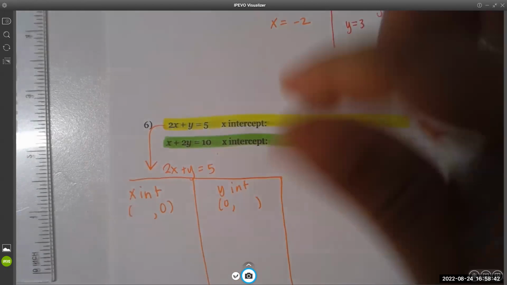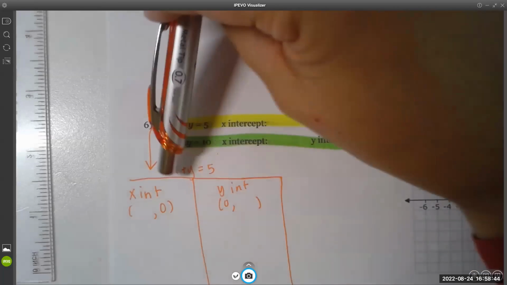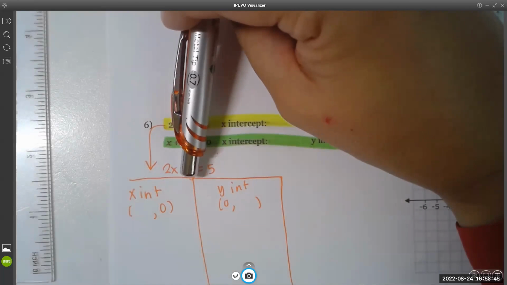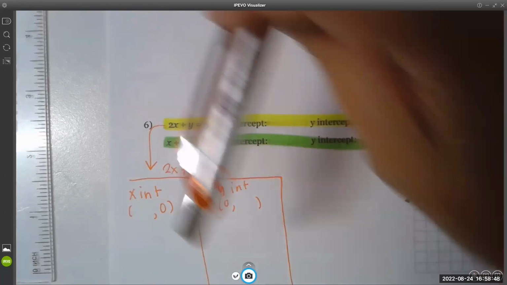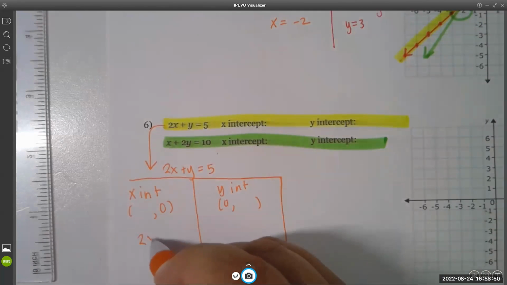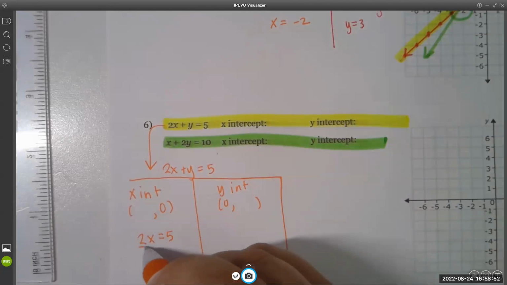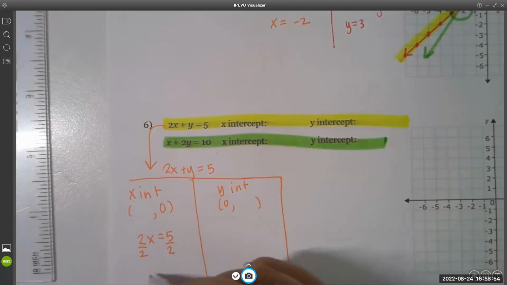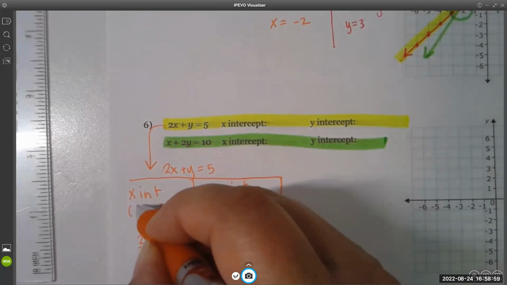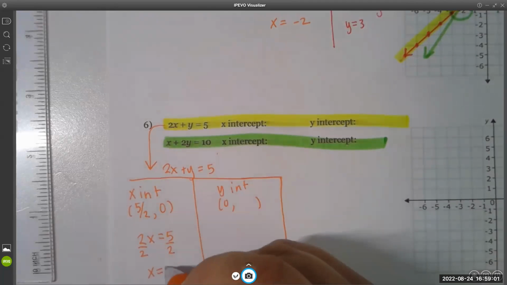And when the y is 0, it's like this part of the equation is gone. And then it just turns into 2x equals 5. You divide by 2. That's an improper fraction. 5 over 2 is like 2.5.